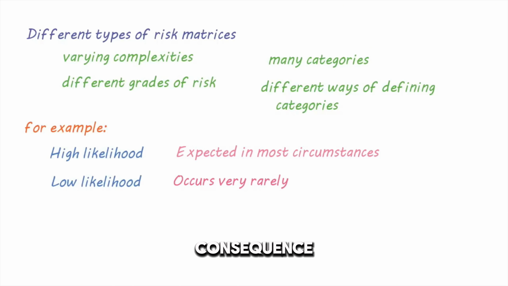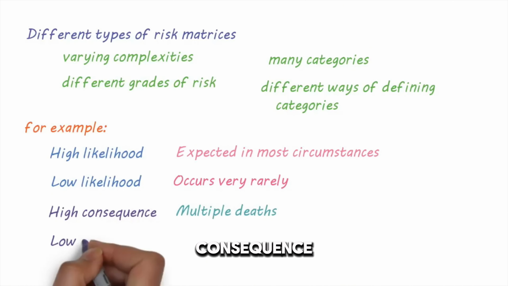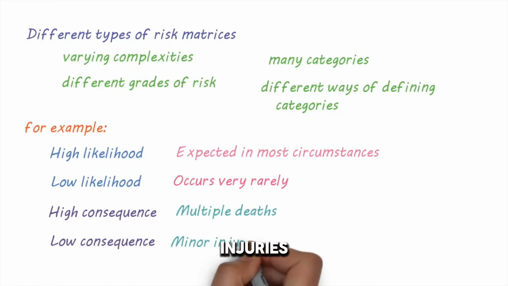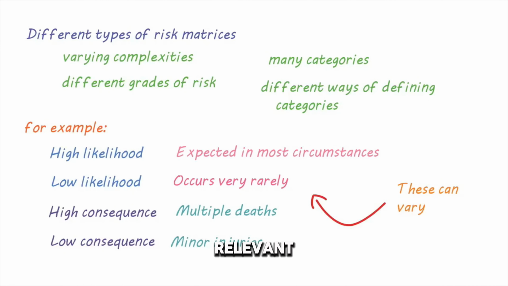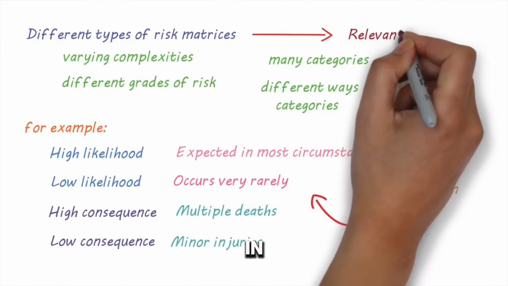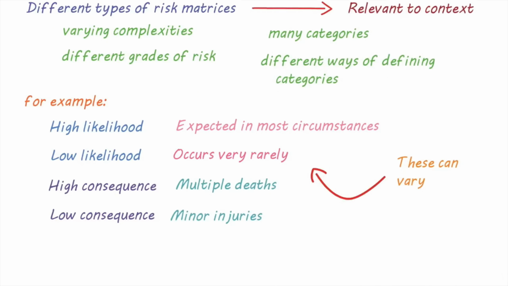With consequence, a high consequence may mean multiple deaths, and a low consequence may mean only minor injuries. So, the risk matrix and the categories that are used can vary, and therefore should be relevant to the situation and context in which the risk assessment is done.